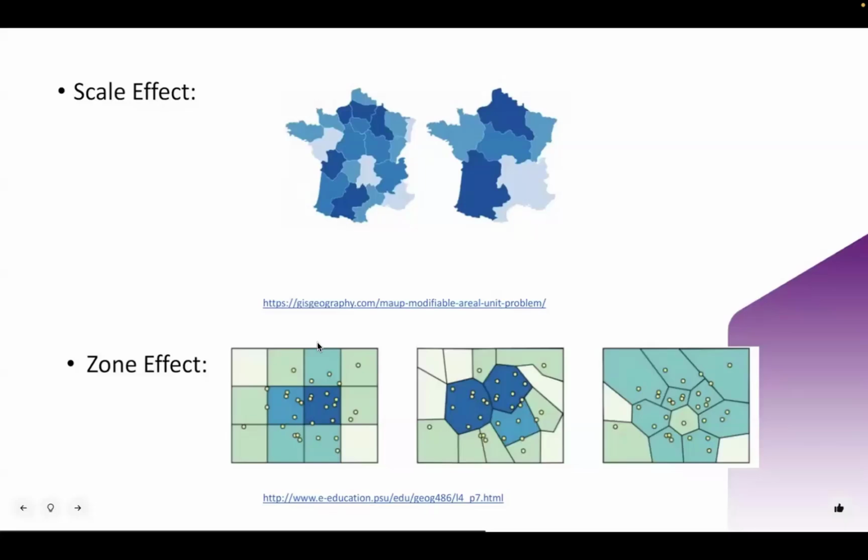In the map on the left, we're using smaller spatial units compared to the map on the right. If you were to present these results to an audience, you really need to think about the interpretation of that data, right? Because it changes what we as the audience would see as which areas have the highest level of crime.